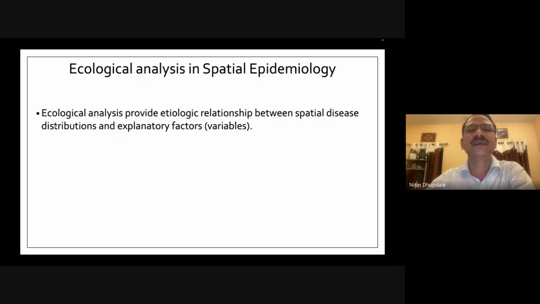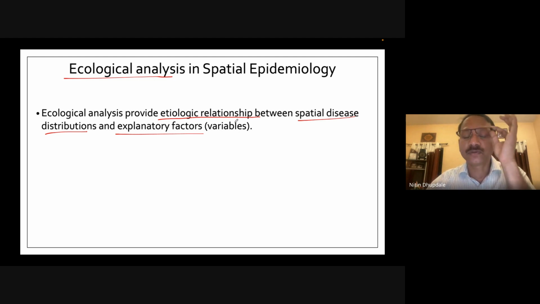There is another concept called ecological analysis in spatial analysis. It provides an etiologic relationship between the spatial disease distribution and explanatory factors. Meaning we want to understand whether the distribution in space is because of certain factors.